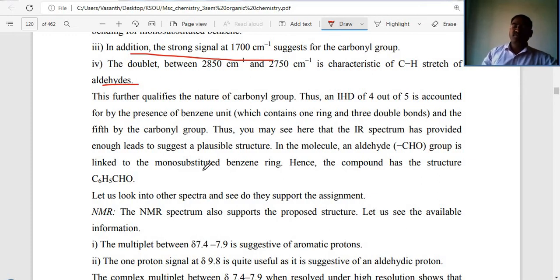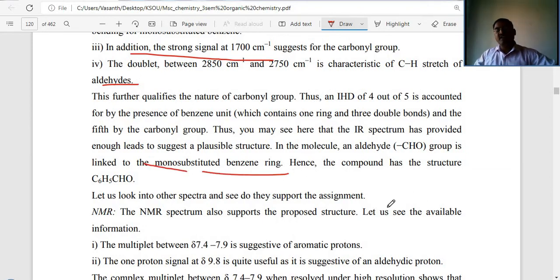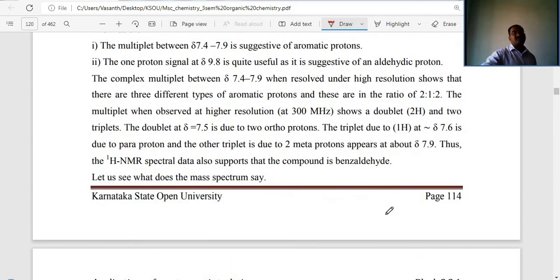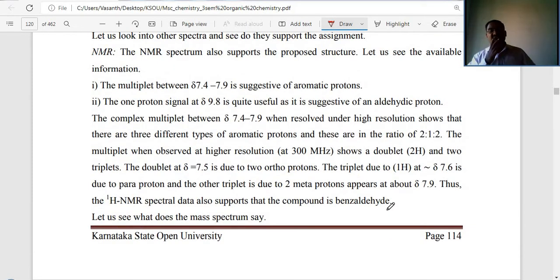In this molecule, an aldehyde CHO is linked to the monosubstituted benzene ring, giving the compound the structure C6H5CHO. Next, the NMR spectrum also supports the proposed structure.